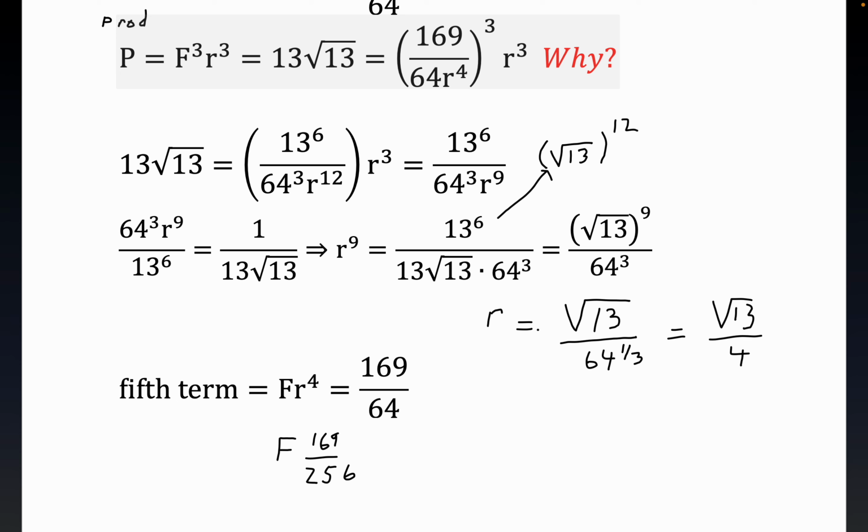Here is our r right here, and we're raising it to the 4th power. The square root of 13 to the fourth would just give you 13 squared, which is 169. And 4 to the 4th is 256, right? So this is equal to 169 over 64, right? But by inspection, that forces f to be equal to 4.